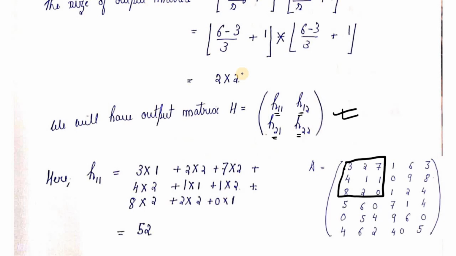We consider these 9 elements, the first submatrix, and write it here: 3, 2 and 7 from the first row, 4, 1 and 1 from the second row, and 8, 2 and 0 from the third row. The values 1, 2 and 2, then 2, 1, 2, and 2, 2, 1 are the kernel.